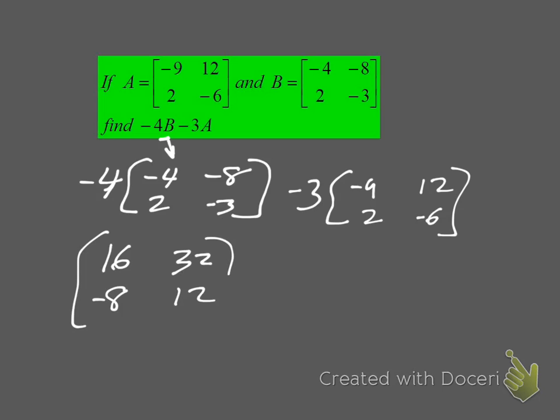Now, the one where it gets a little messy and confusing is the second one. You can do this one of 2 ways. I'm going to show you the way I recommend. First, I'm going to put a minus sign here, and I'm just going to multiply everything by 3. And make this negative 27, 36, 6, and negative 18, like that.